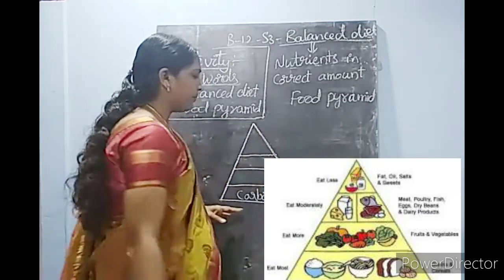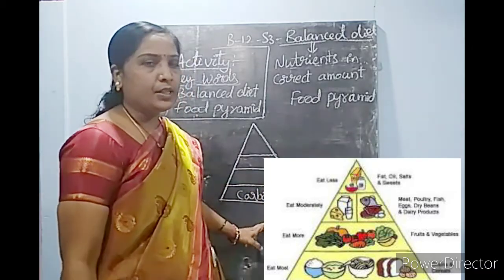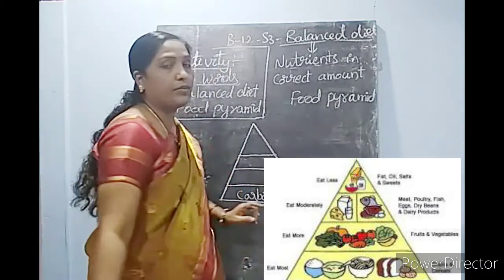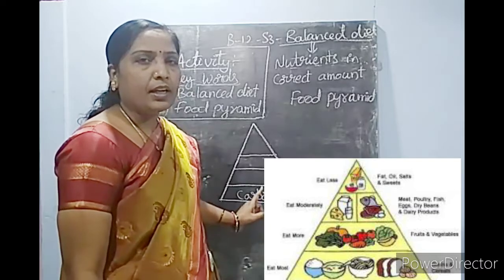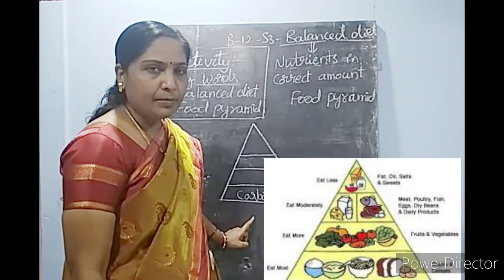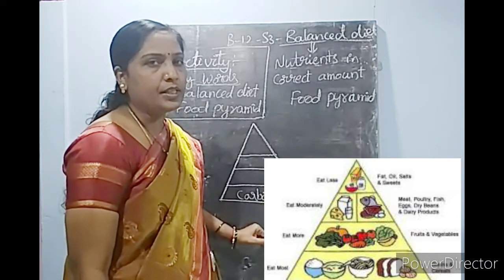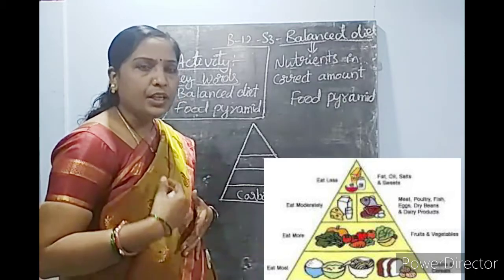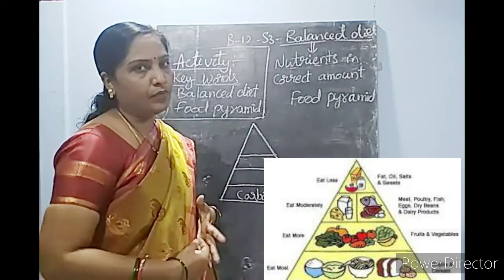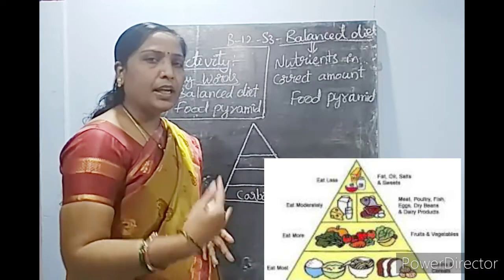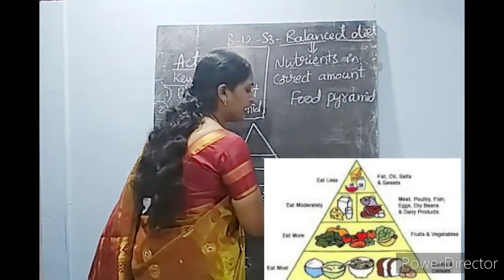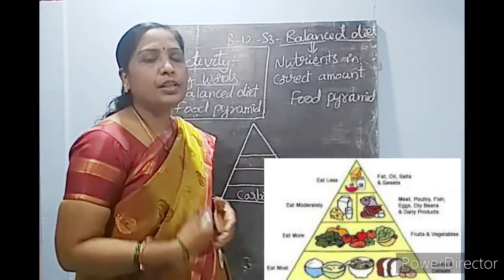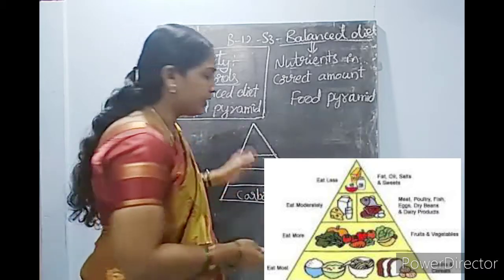In the food pyramid, at the base, where more space is available, there are carbohydrates. That means we need to take more amount of carbohydrates. According to yesterday's lesson, you know which foods contain carbohydrates.